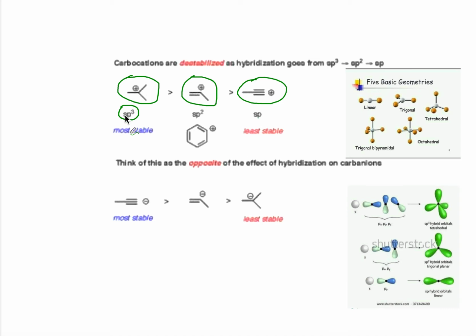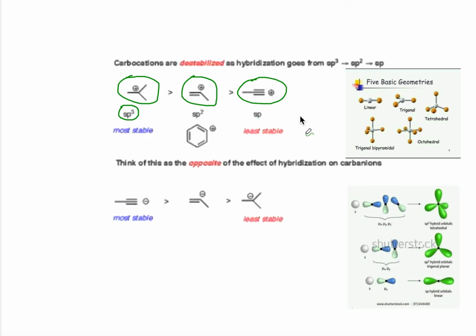With sp3 hybridization, there is much crowding and there are more electron donating alkyl substituents that may stabilize the carbocation. But in the second case, we have the carbocation on an sp2 hybridized carbon. Due to increased s character, the stability of this carbocation is lesser as compared to the sp3 hybridized carbocation. In the end, the least stable carbocation is the sp hybridized carbocation, in the case of an alkyne, the terminal carbon here.